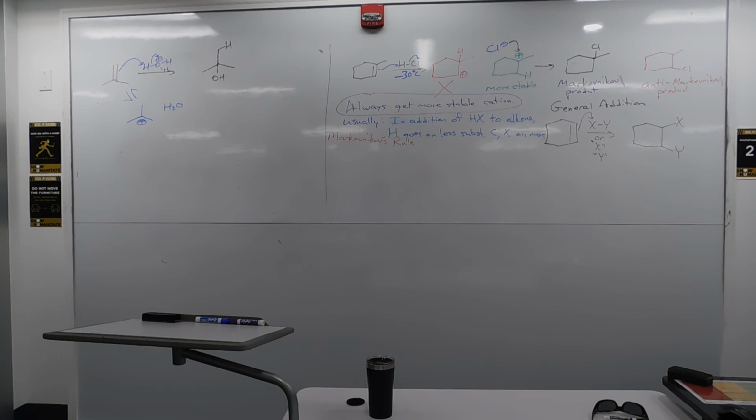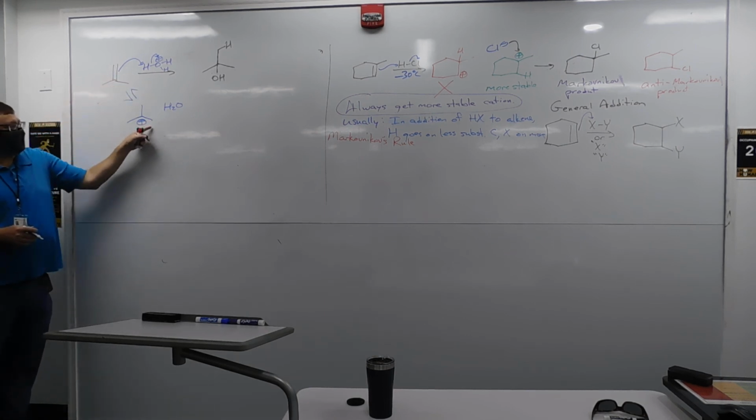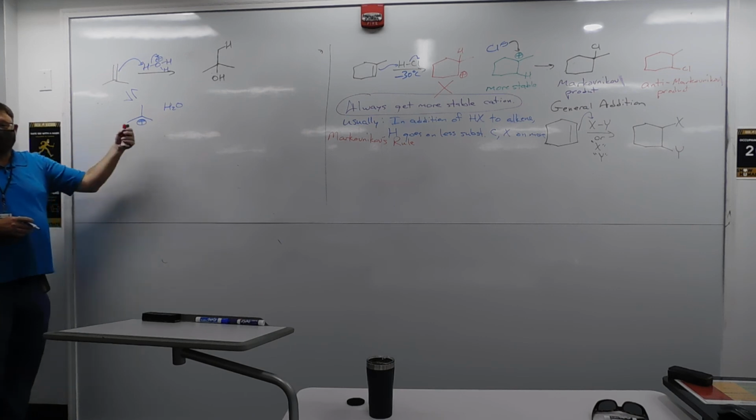If this was the whole reaction, the products probably wouldn't be favored, because the alkene and H3O+ are at least as stable as a carbocation and water. But it's not the end product.